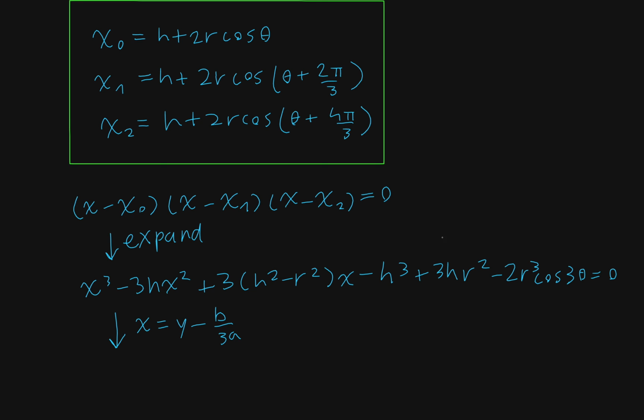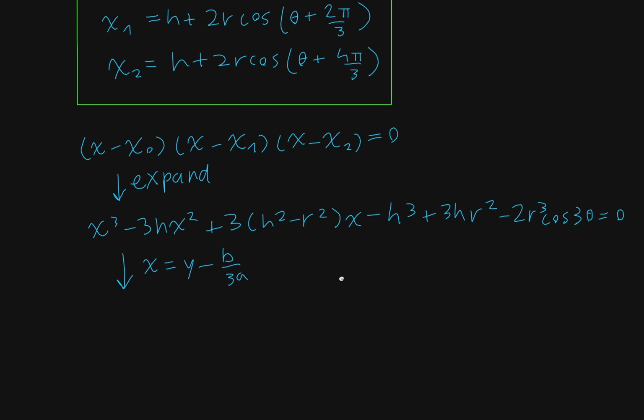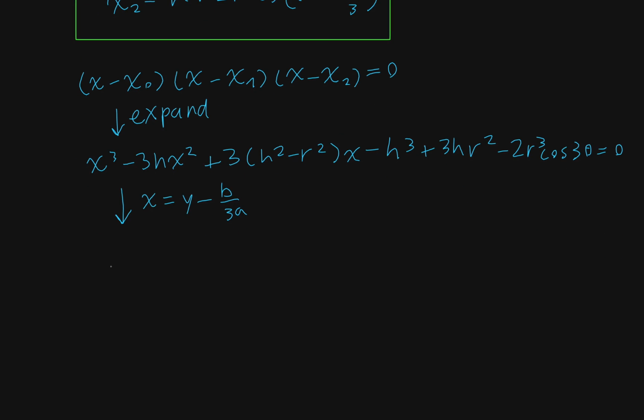So now the graph is going to be centered on the y-axis, and what's actually controlled is the x squared term. The x squared term controls this. So when you do this, it's going to get rid of it, and what we're going to have, which is simpler, is y cubed minus 3r squared y minus 2r cubed cosine of 3 theta equals 0.